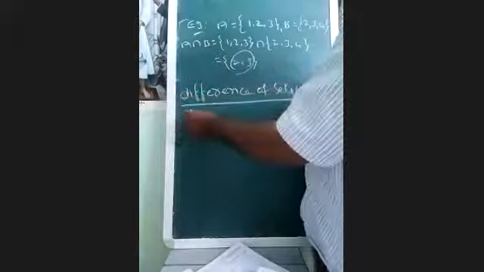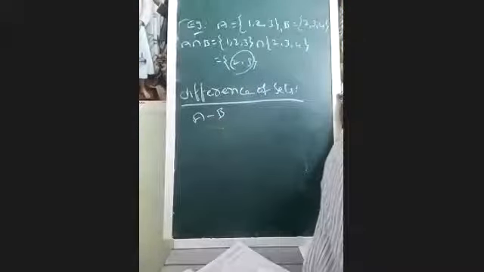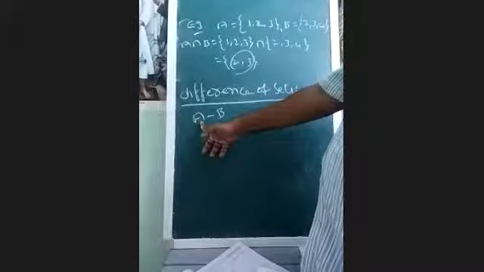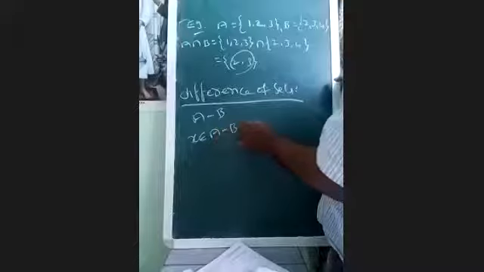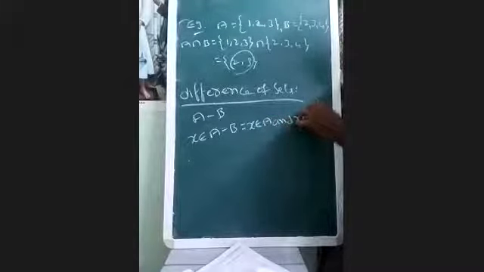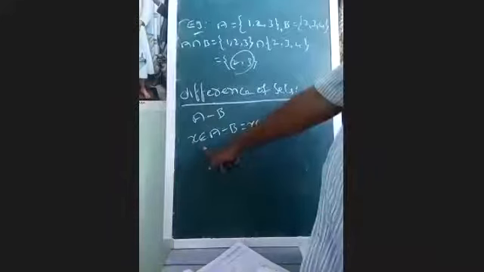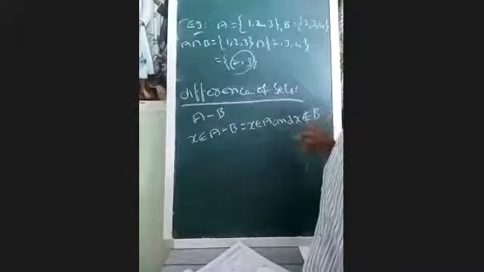It is denoted by A minus B. Difference means A minus B. The set of all elements belongs to A and does not belong to B. X belongs to A minus B is equal to X belongs to A and X does not belong to B. Then the set is called difference of two sets.